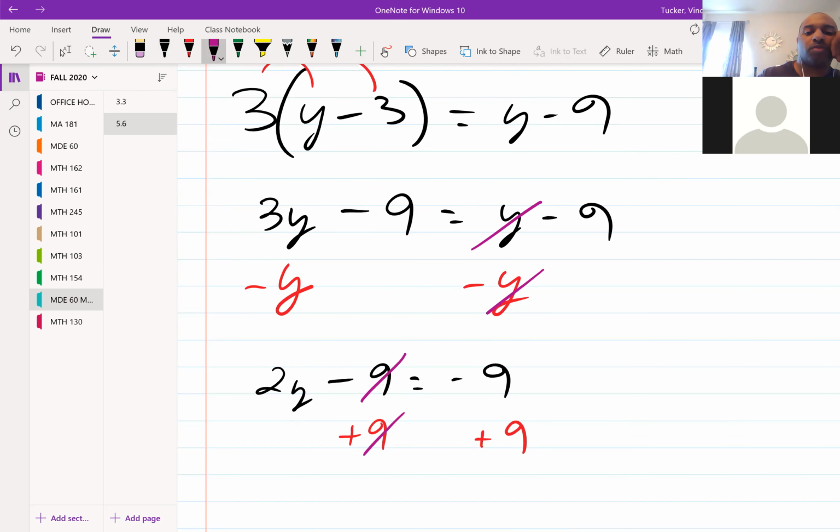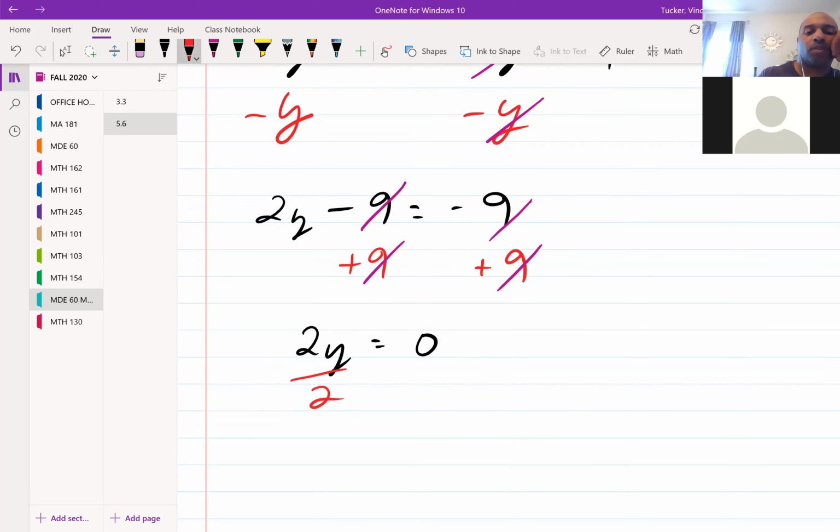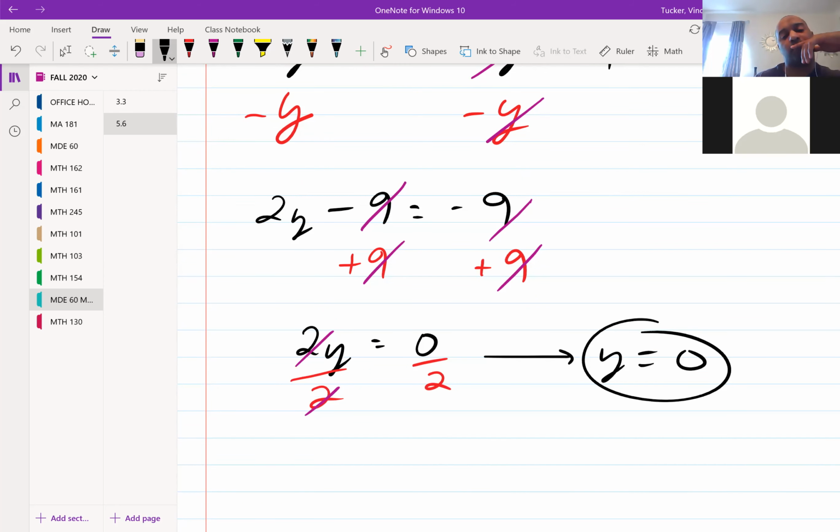The 9s will cancel. That'll be 2y on the left, and the 9s will cancel over here, that'll be 0. Finish it off, divide by 2. And y is equal to 0.